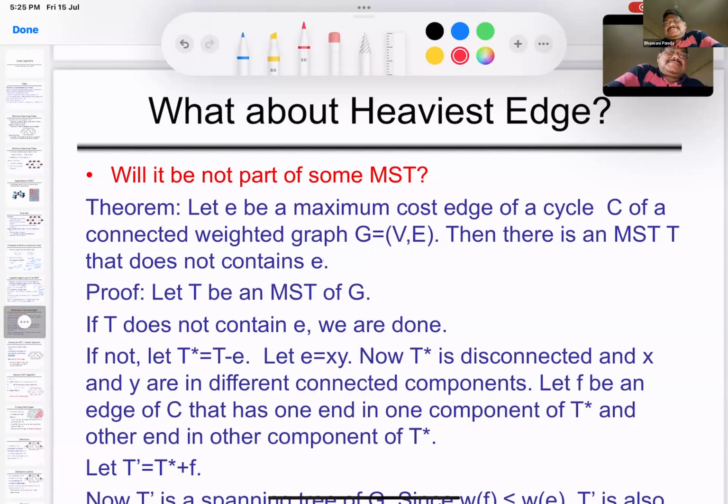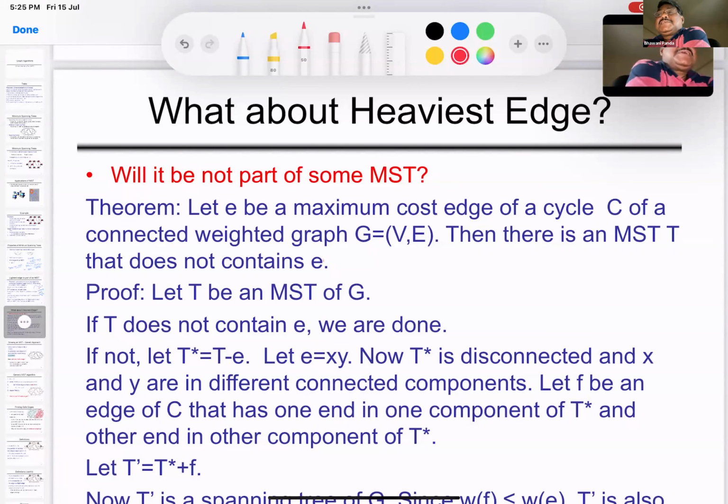Is this clear? The idea is okay. But now suppose n is equal to 1000 and the graph is a dense graph, so around 1000 squared edges are there. Most of the edges are in cycles, so you have to keep on removing the heaviest edge one by one, and it will take many steps.